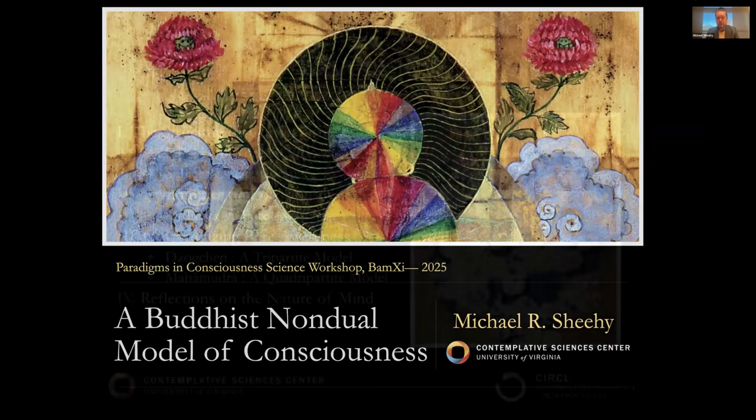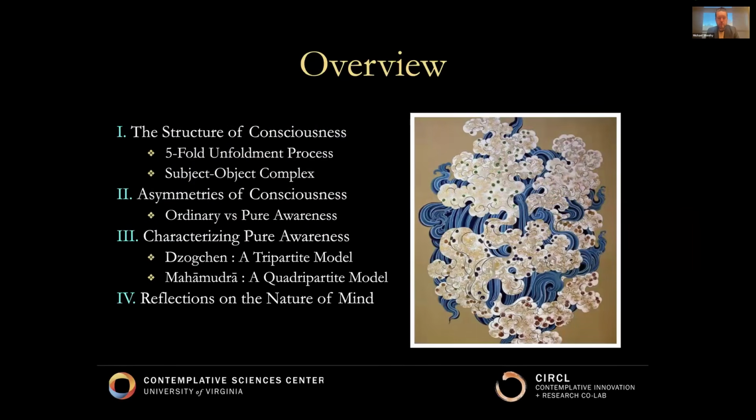So to give you an outline of what I'll be walking through today, I'm going to begin by discussing the structure of consciousness, how consciousness is understood to be structured most fundamentally within the Buddhist paradigms that I'll be discussing. Secondly, I'm going to draw attention to what I call asymmetries of consciousness.